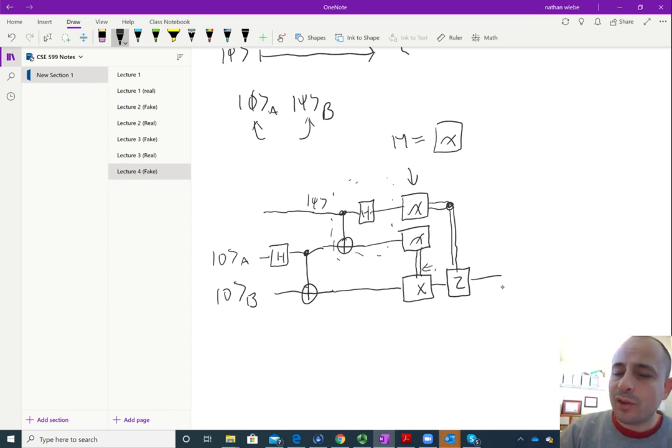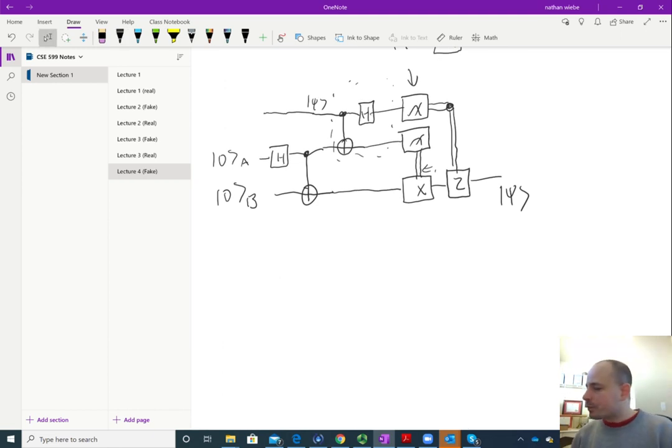And it turns out that if he does this, then Bob will end up with a state psi over there. So this can be used in order to teleport a state between the two parties. Alright, well, let's see why this works.